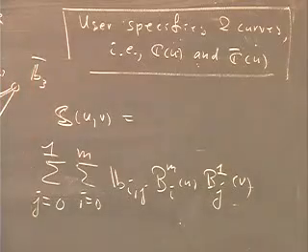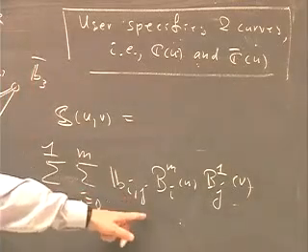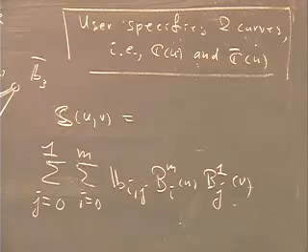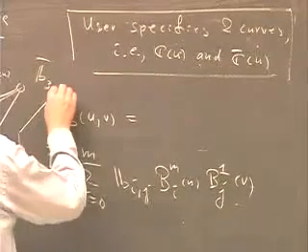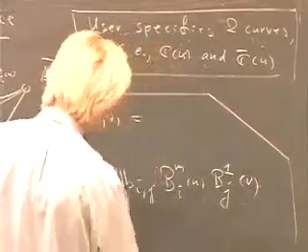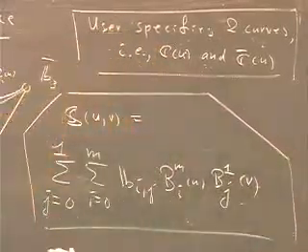Okay, that's it. And now I need to say where these b_ij's come from, the original control points. Well, they are the same. They just have to go from a single index to a double index. That's the only issue here.